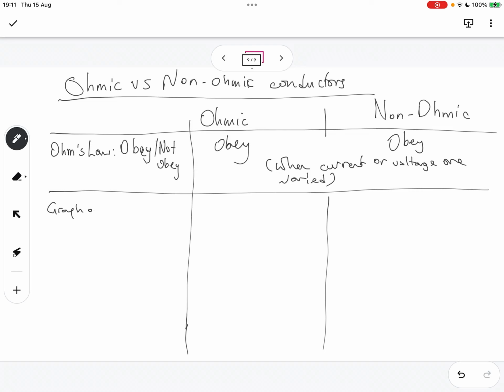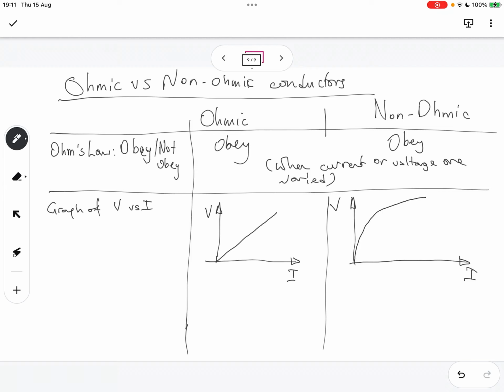So then the graph of voltage versus current in ohmic resistors will look something like this. It's direct proportionality, V on the y-axis, I on the x-axis. Whereas for non-ohmic resistors, it curves like that, right?